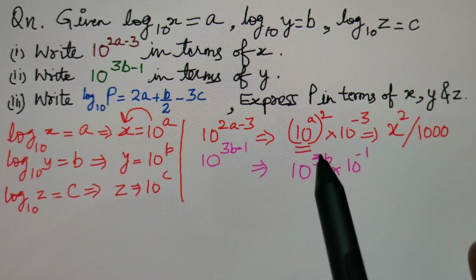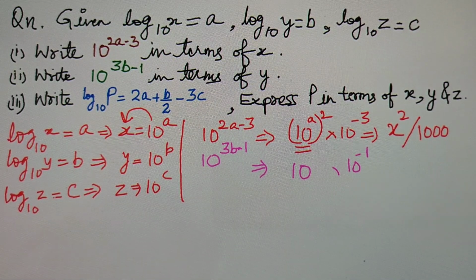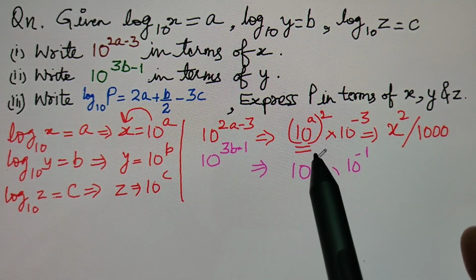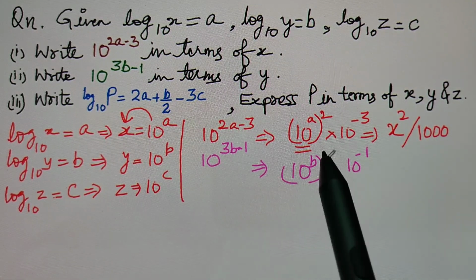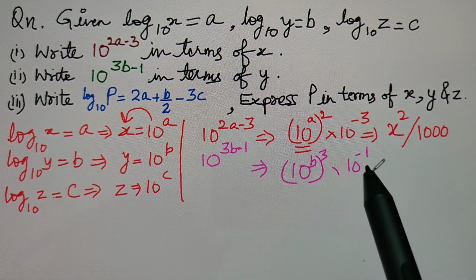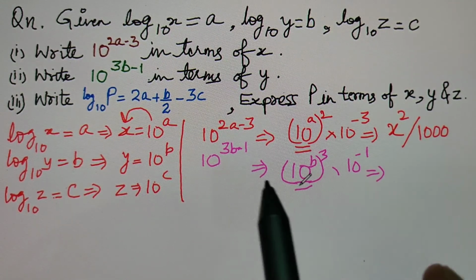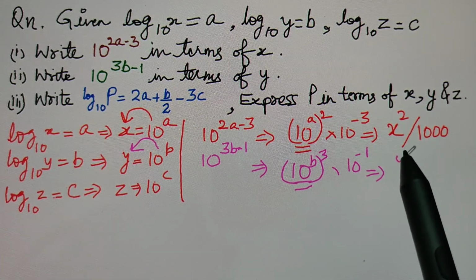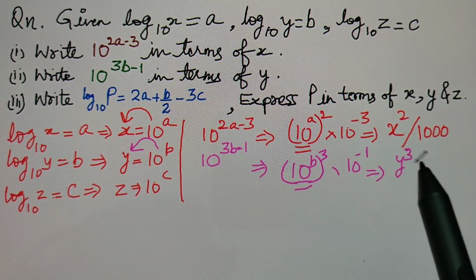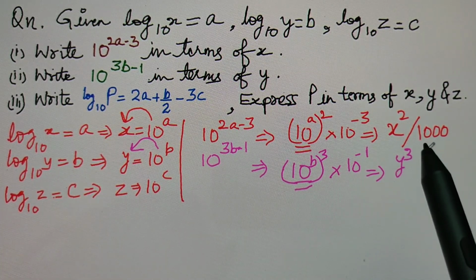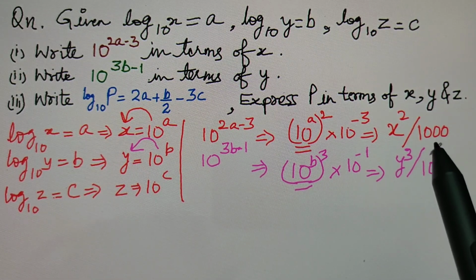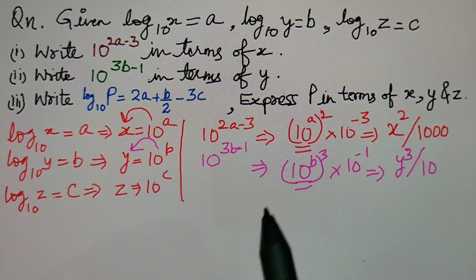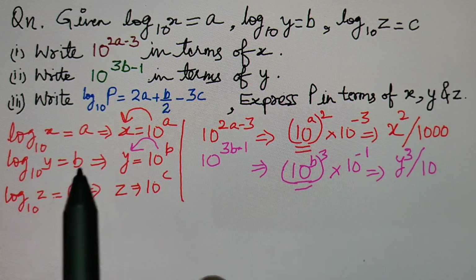Now 10 to the power 3b can be written as 10 to the power b whole cube. And now what is the value of 10 to the power b? The value of 10 to the power b is y. So this can be written as y cube upon 10. This is the second part of the question.